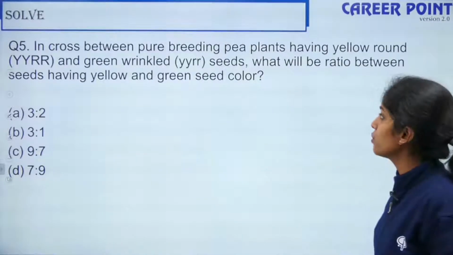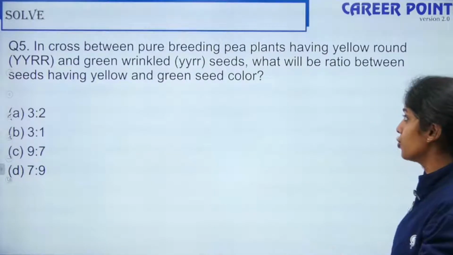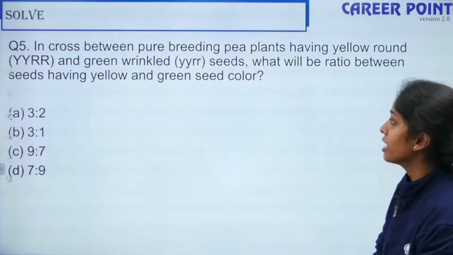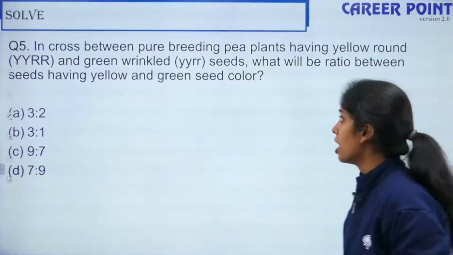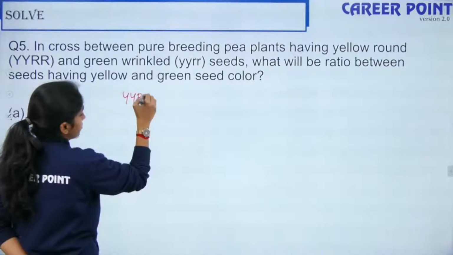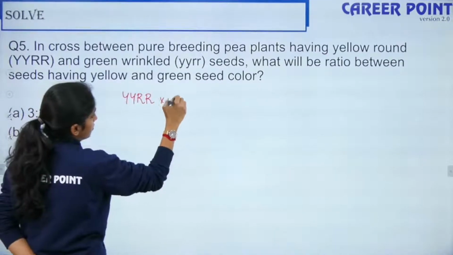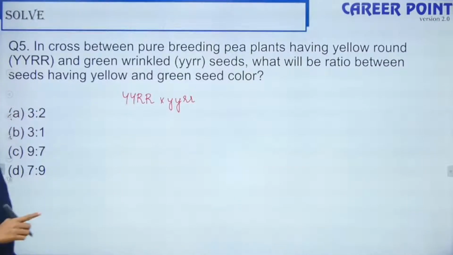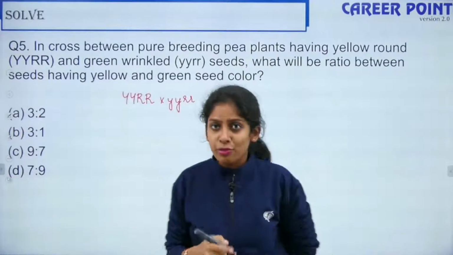So question 5, in a cross between pure breeding plants, we have the same plants, what will be the ratio of seeds having yellow and green seed color? Whenever a ratio is asked, we're talking about the F2 generation.